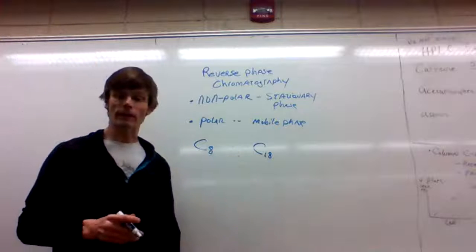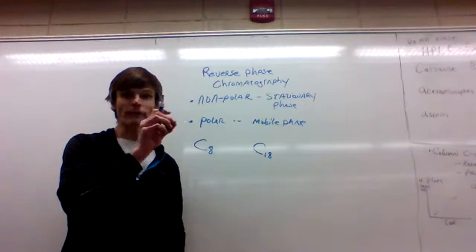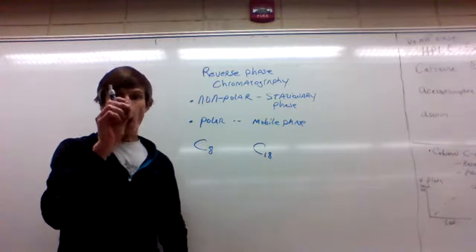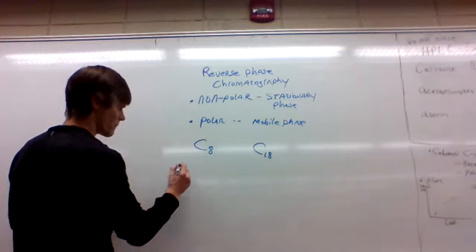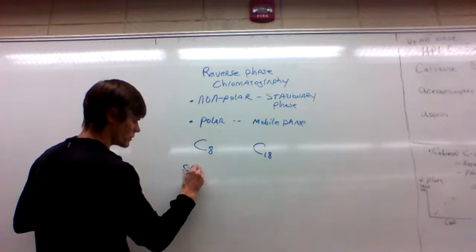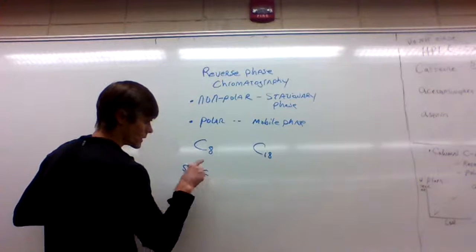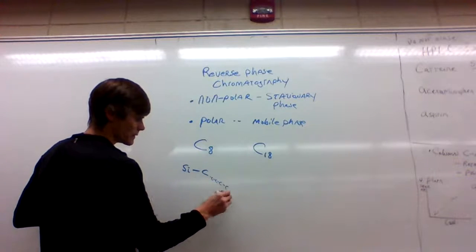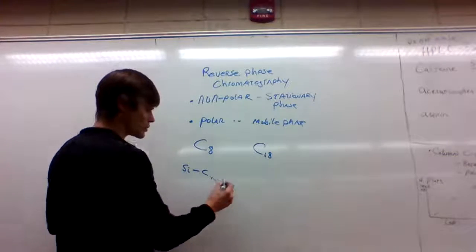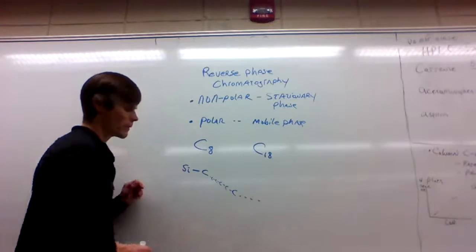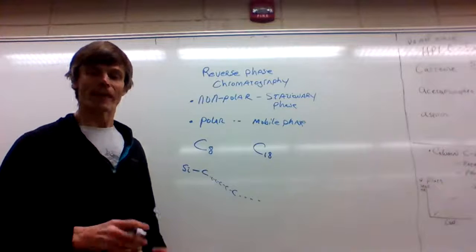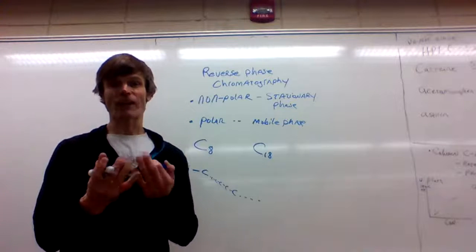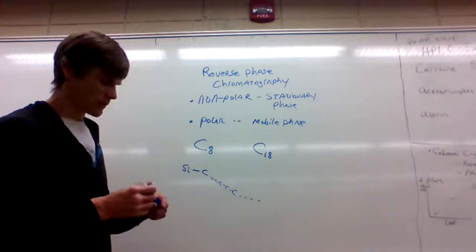C8, C18 is implying that we have this group on the silicone particle. So it would be silicone, C18. Well, guess what? It's going to have an 18 carbon chain. That's pretty non-polar, and that's really good at retaining non-polar substances.